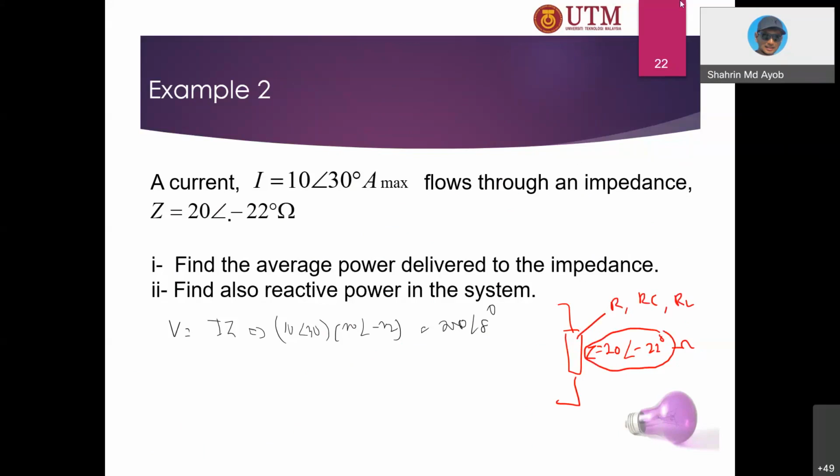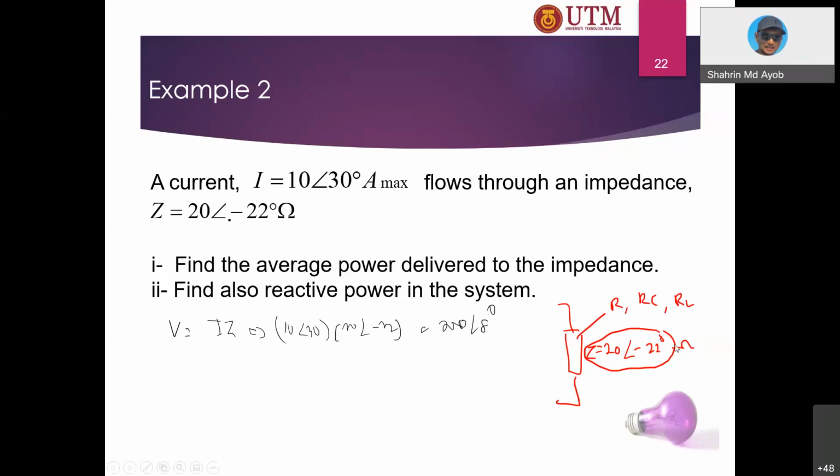Based on the impedance, is it R, RC, or RL? It's surely not R. Yes, RC.